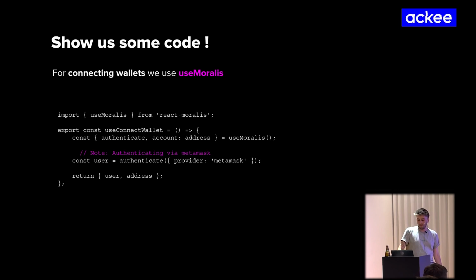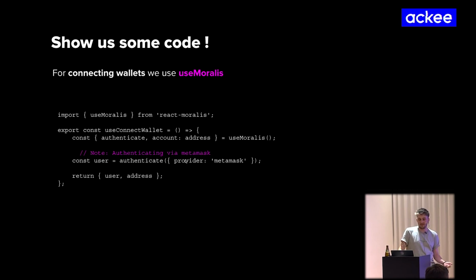So we will be using Moralis for almost the same things. We have to use it for connecting the crypto wallet. You can see it's really similar, but we are using a different library. There is also the same hook for it. So we will call the authenticate method, and we can pass the provider.